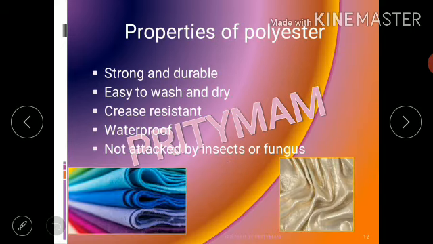Now let's discuss some of the properties of polyester. Polyester is strong and durable cloth. It is easy to wash and dry. It is a crease resistant fabric. It is also waterproof and it is not attacked by insects or fungus.